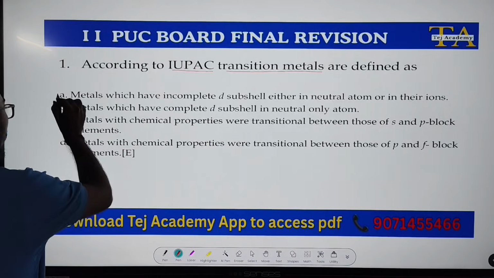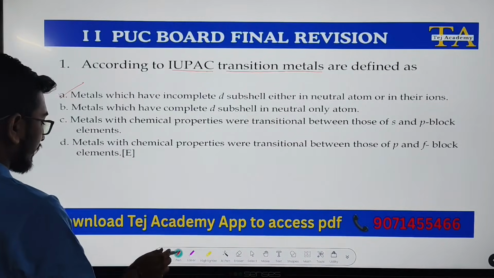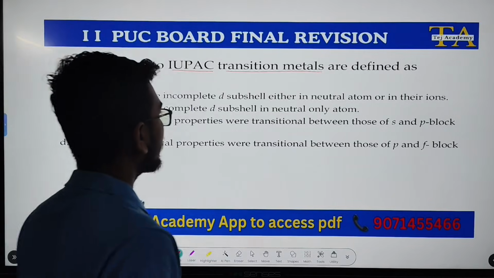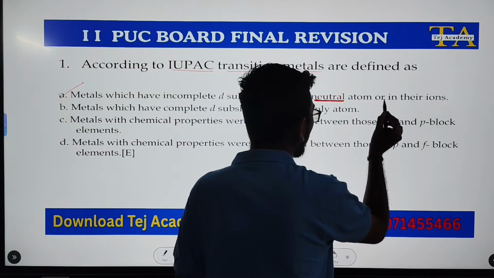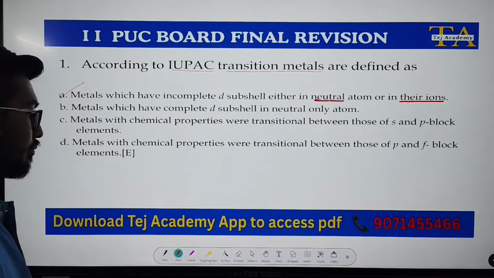So among the four, option A is the right answer. Metals which have incomplete d subshell either in neutral atom or in their ions. You can take copper as an example.